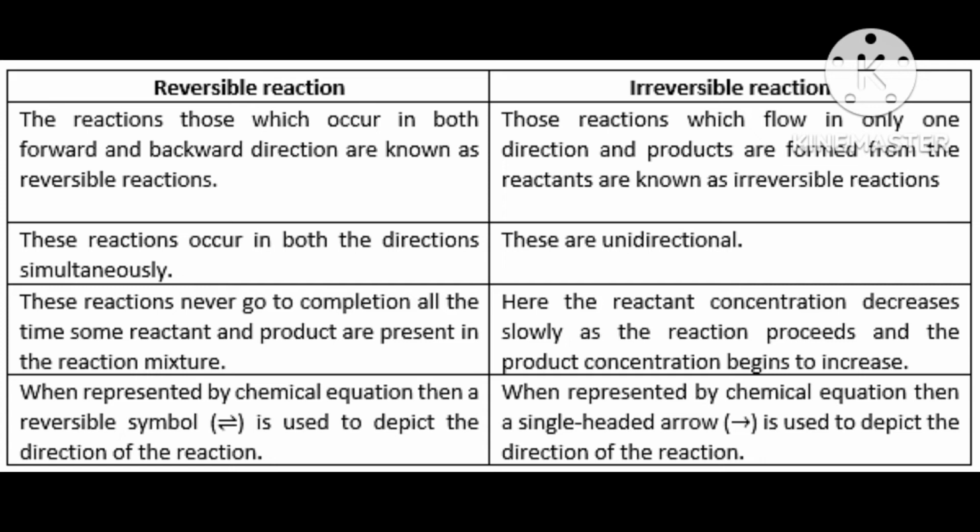Here only N2O4 will give NO2, where 1 mole gives 2 moles. So x mole of N2O4 will give 2x mole of NO2, according to the reaction N2O4 to 2NO2.